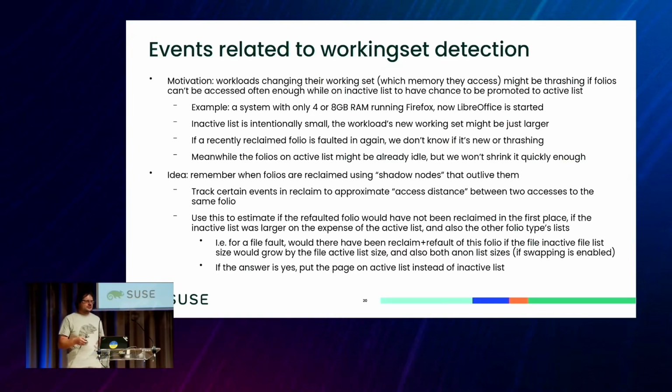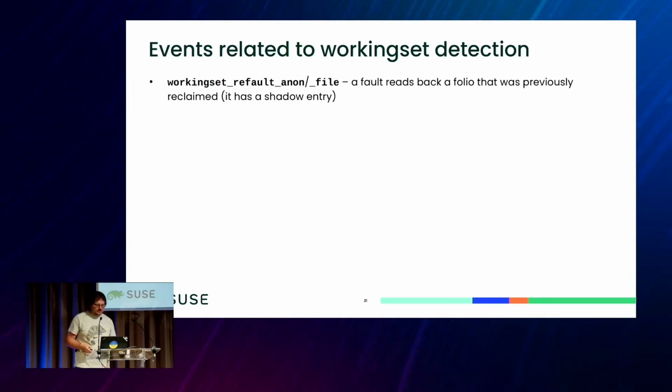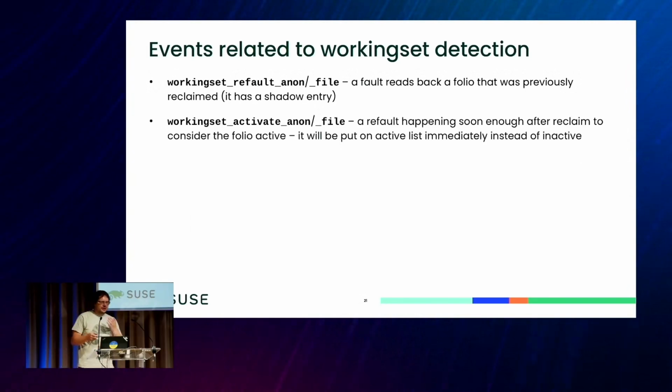Yeah? So it would be like, if you killed the Firefox first and made enough memory for LibreOffice, then you would get the same result, but it's able to recognize that the Firefox is now not used and it should push it out faster thanks to tracking some extra data for folios that were reclaimed.